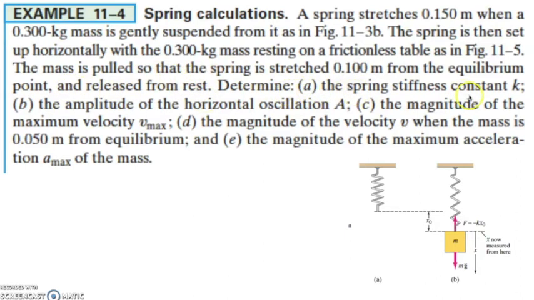We want to find A, k, B, the amplitude of the horizontal oscillation, C, the magnitude of the maximum velocity, D, the magnitude of the velocity when the mass is 0.050 from equilibrium, and E, the magnitude of the maximum acceleration of the mass. Lots to do, but we'll just tie it all into one problem.